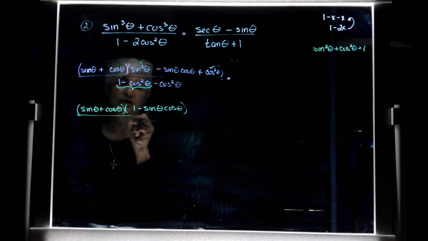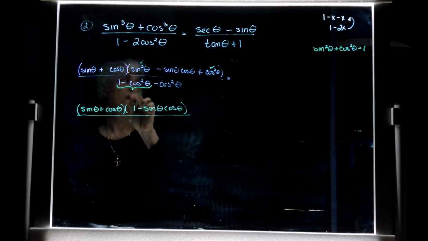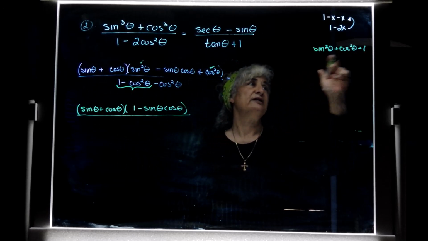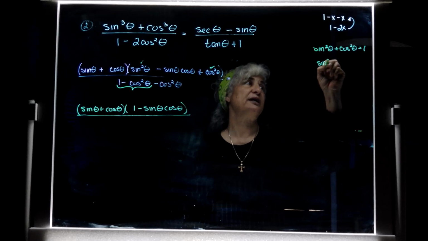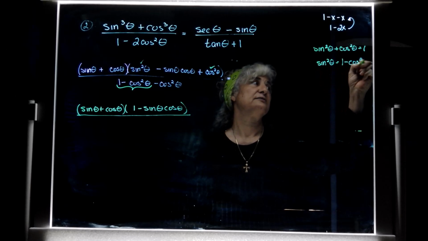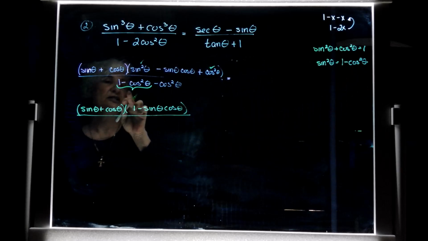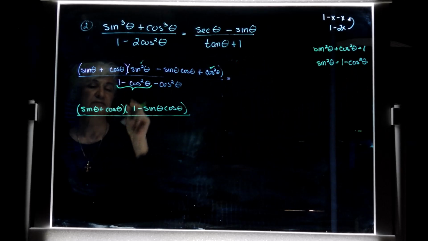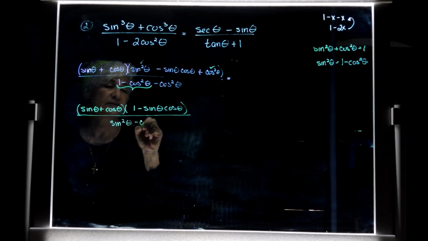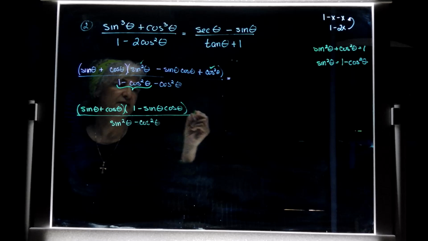Now let me get to the denominator. 1 minus cosine squared, right? If I subtract cosine squared on both sides, isn't this just sine squared? So wouldn't I have sine squared theta minus cosine squared theta?